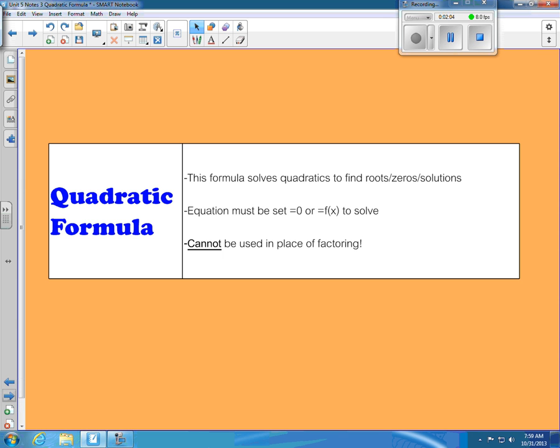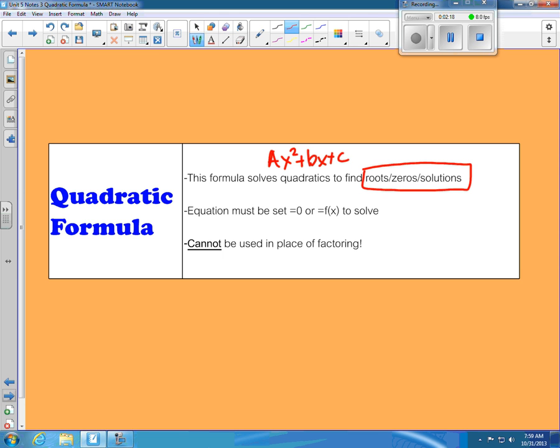So let's talk about, when do we use the quadratic formula? Well, the quadratic formula solves quadratics. Remember, quadratics are ax squared plus bx plus c, to find roots, zeros, and solutions. Roots, zeros, and solutions are 3 different ways of saying, hey, we're going to find out what x is equal to.